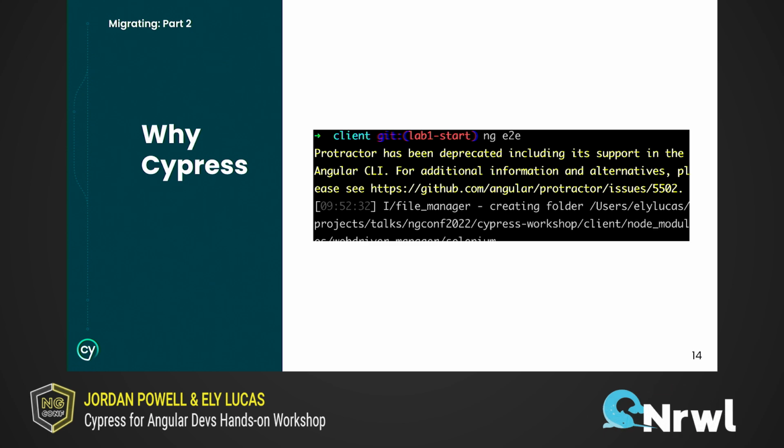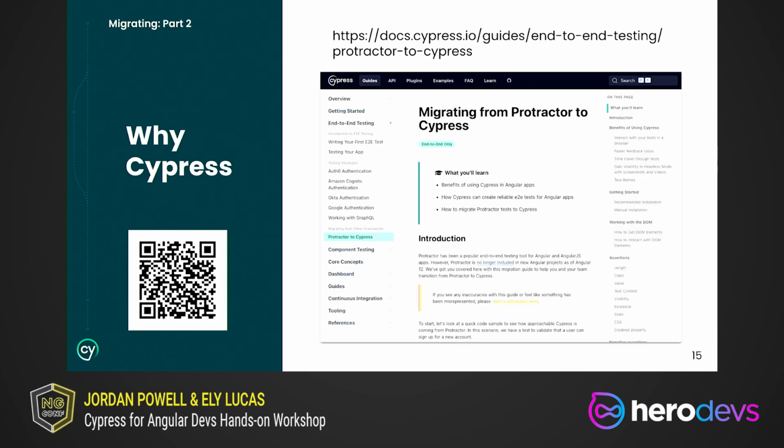I know Hero devs, I think, are going to keep a fork of Protractor, so you don't have to worry, it's not like it's going away. But I'm biased, and I think there's still a lot of benefits to using Cypress. So this talk is not a sales pitch on why you should use Cypress, but our objective is to show you, if you make the decision, how easy it is to make that switch.